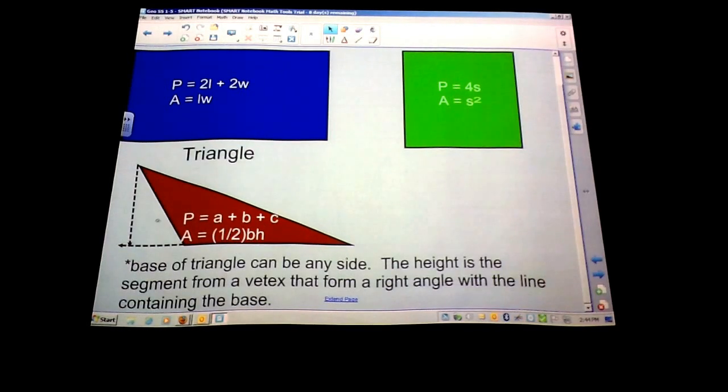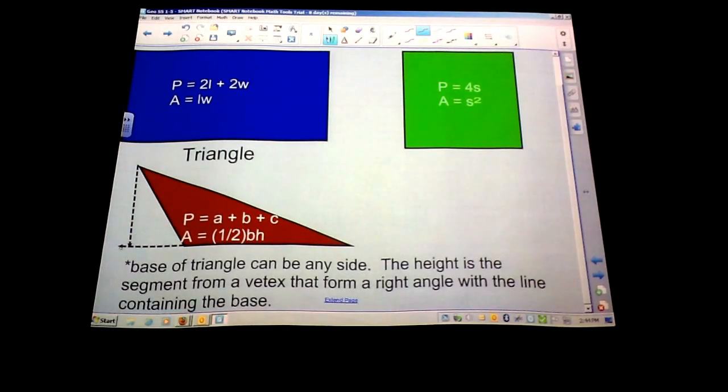Now the base can be any side length, and the height is going to be the distance from that base to the vertex up above it or across from it. So now the height might not actually be inside the triangle itself.